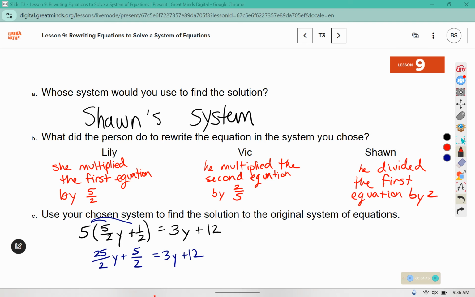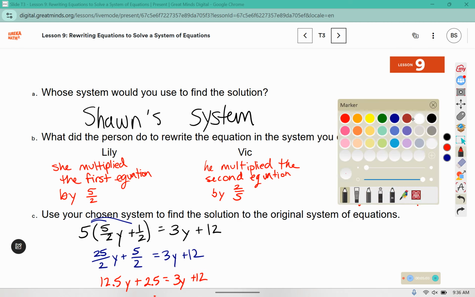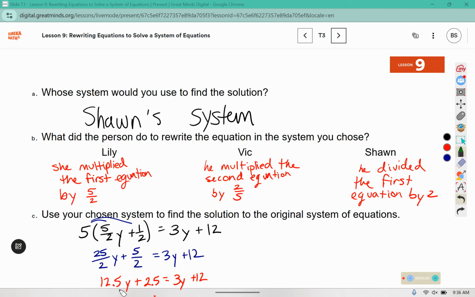I'm going to rewrite these as decimals. 25 divided by 2 is 12.5. And 5 divided by 2 is 2.5. Now I'm going to move the 3y over with the 12y.